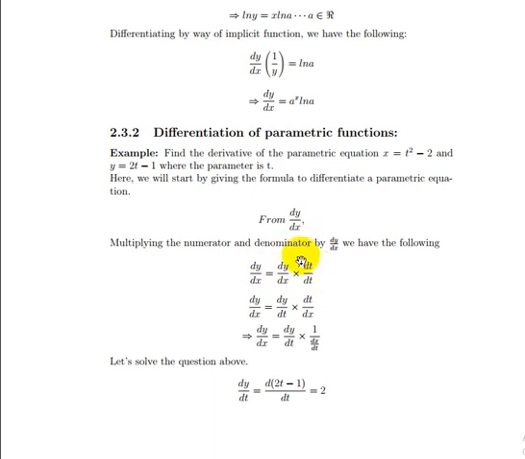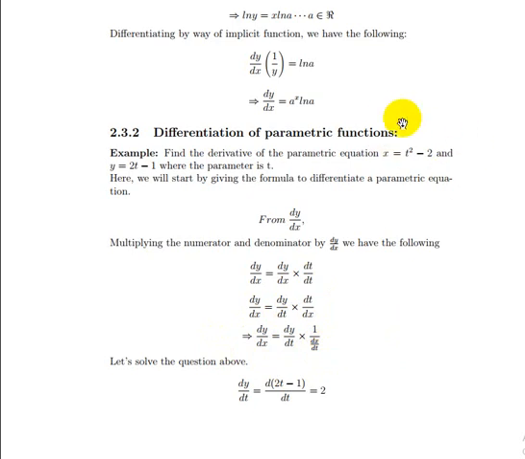Nothing is changed because the numerator and denominator can still be cancelled. Now I'll interchange the position and say it will be dy all over dt times dt all over dx. This is the formula. Now dt over dx is similar to 1 all over dx over dt. So the formula for dy over dx is: differentiate the function of y with respect to t, times 1 all over the differentiation of the function of x with respect to t.